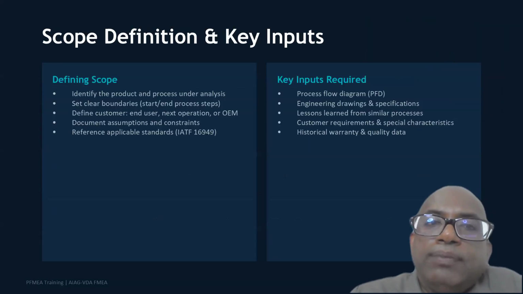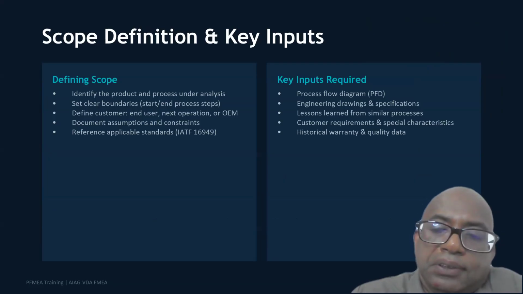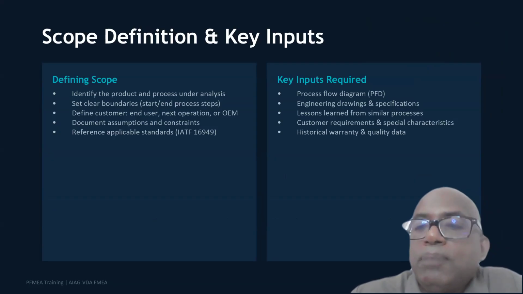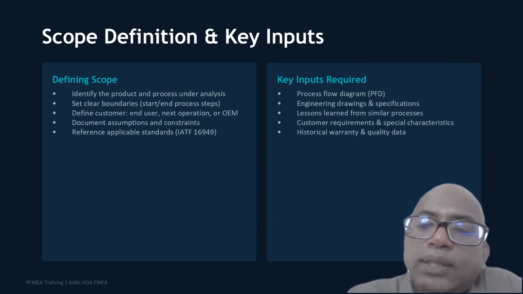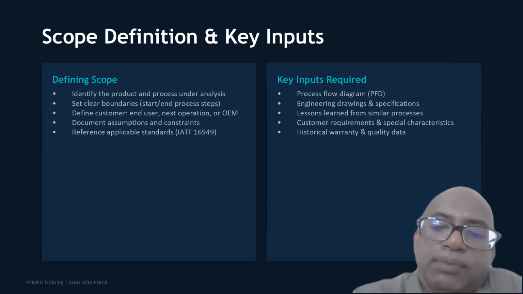Okay, scope definition and key inputs. Defining scope: how do you define your scope? This is a very important part. The first one is to identify the product and process under analysis. So for which product and for which process are you going to introduce this FMEA?